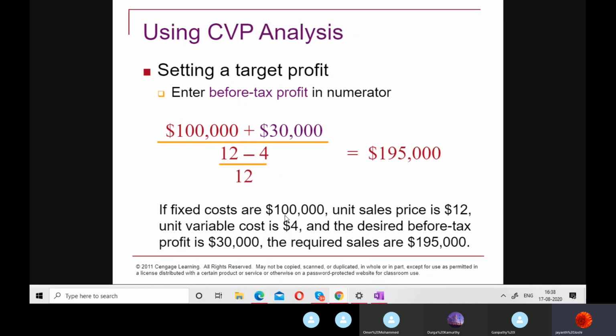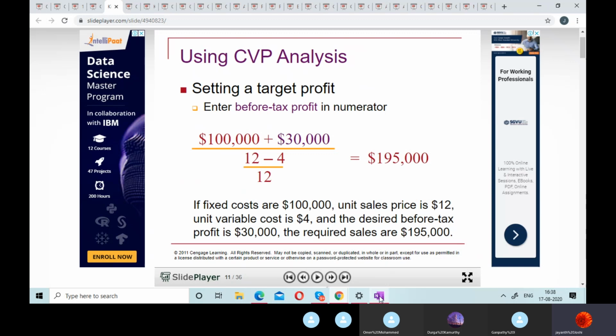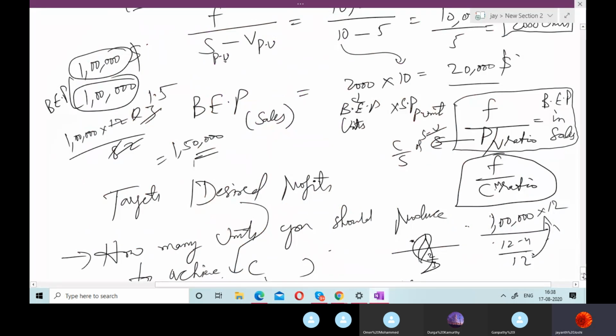If the fixed cost is 1 lakh, unit sales is 12, variable cost is 4, then sales minus variable cost is contribution. Contribution by sales is the contribution margin ratio or PV ratio. And with desired profit before taxes, the required sales are this much. So I have given some statement to you. Listen to the statement and we will prove this question accordingly.